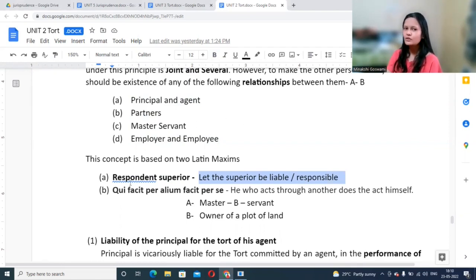Okay, so these are the 2 reasons why we are making the superior liable. That superior one is the one who is having the authority and he is in a better position to compensate. Main aim in civil law is to compensate, so rather make that person liable. Okay, so based on this concept, we can make somebody else liable for someone else's wrong as well.